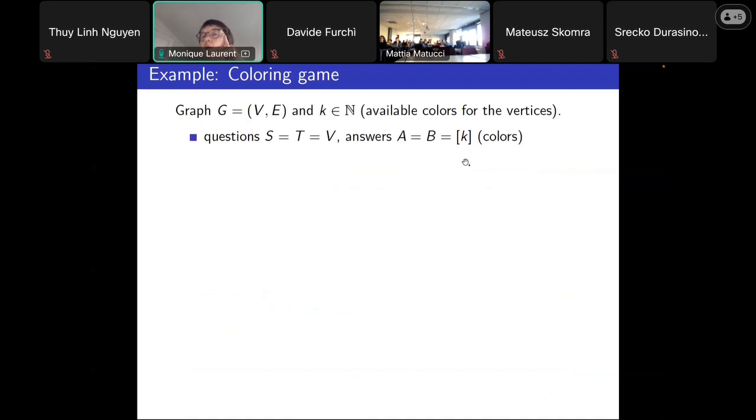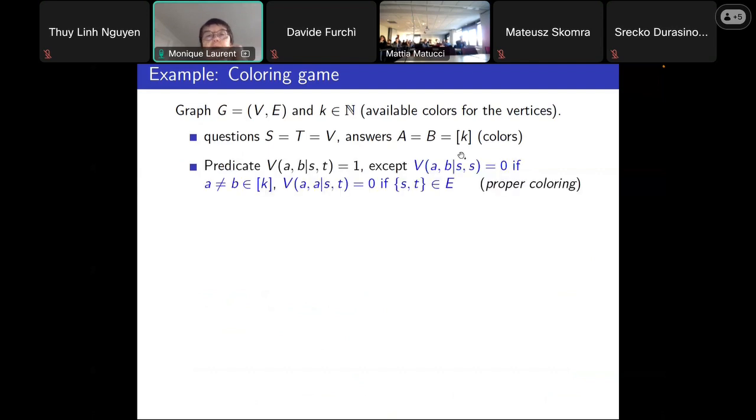And the question would be, can one color the graph with k colors? Classical coloring should obey the following rules: if you have 2 vertices which are adjacent, they should get distinct colors. And of course, a vertex can get at most 1 color. So here the questions would be the vertices, and the answers would be the k available colors.